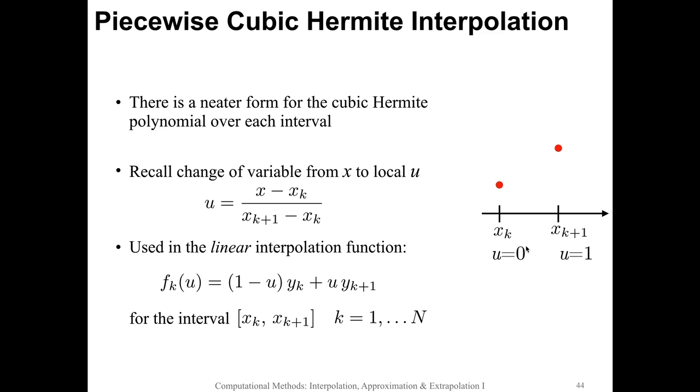So when we're at the start of the interval, u is equal to 0, and when we're at the end of the interval, u is equal to 1. And we used it before for the linear interpolation function. If you want to interpolate for a given value of u, then you blend together the y value at the start and the y value at the end of the interval by a value of u. And this works for any interval from 1 up to n.